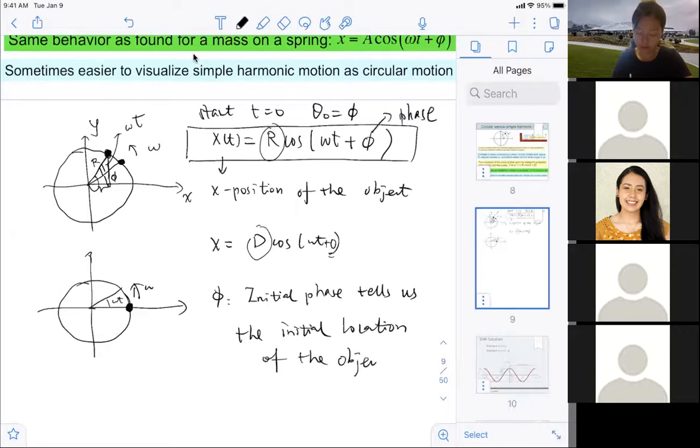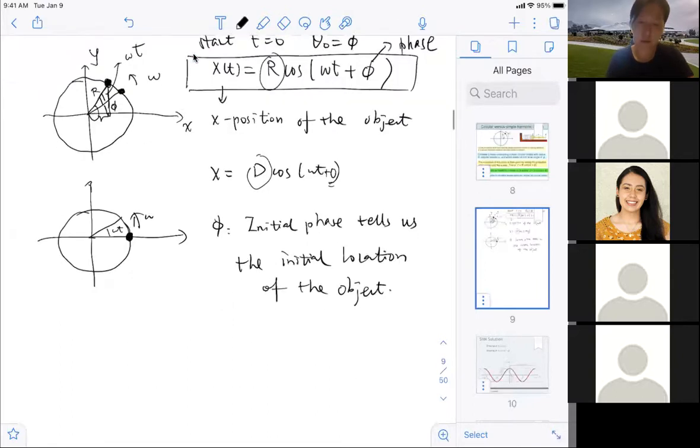So if phi is 0, then you can see that if it's a cosine function and phi is 0, which means at t equals 0, x is at a maximum value. Well, that tells you initially the object starts out at a maximum stretch. You let it go at a maximum stretch.